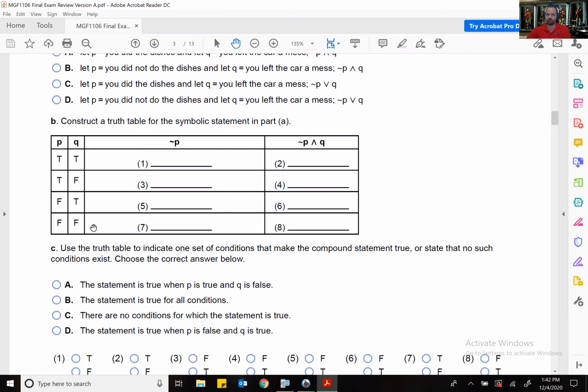So we've got P, Q, and then two other columns: squiggle P, and then squiggle P and Q. True, true, false, false, true, false, true, false. All right.